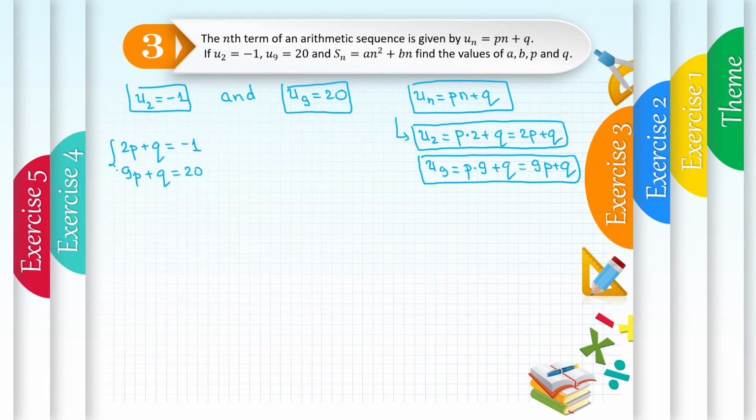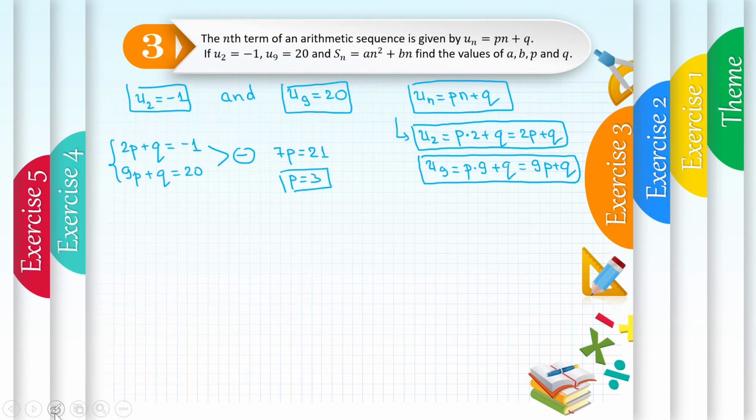And we have to solve this system of simultaneous equations. So, if we analyze the system, we see that in both equations we have plus q. So if we subtract, for example, from the second equation the first equation, we will obtain that 7p is equal to 21. p is equal to 3.